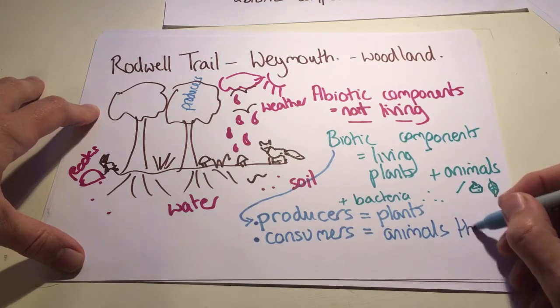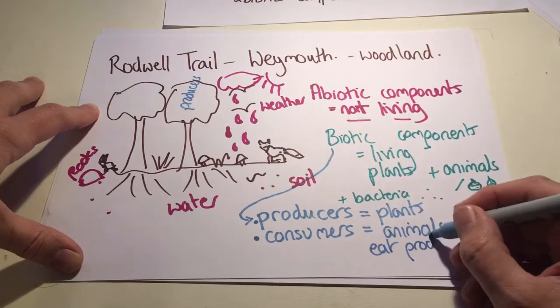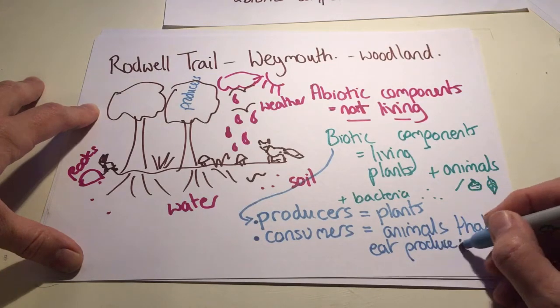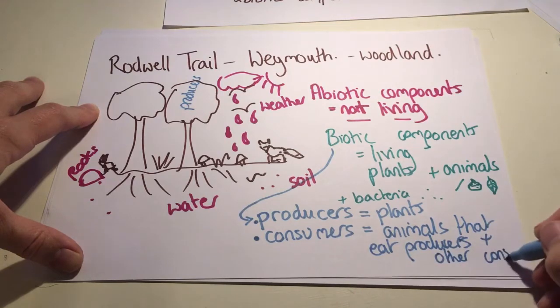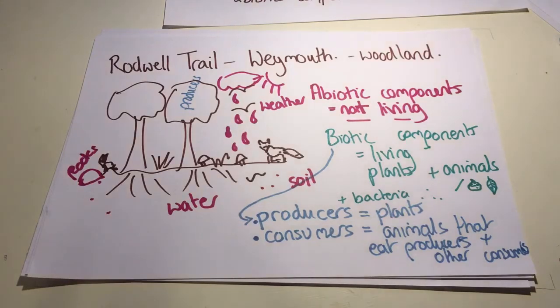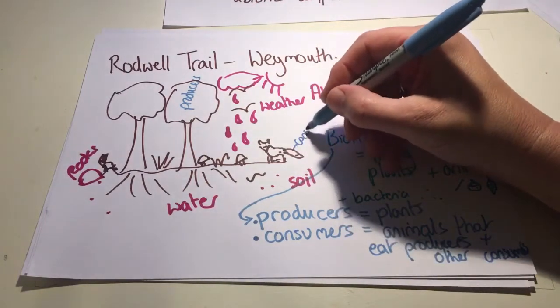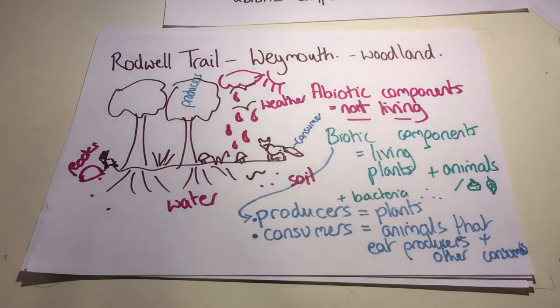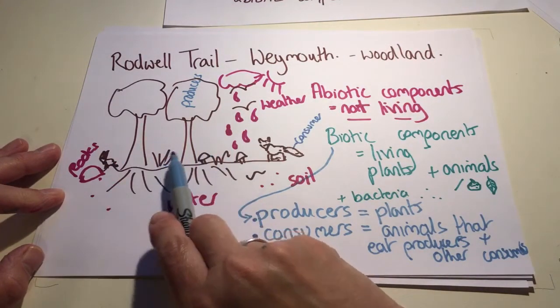Animals that eat producers, and other consumers. Okay, so we've got producers and consumers, absolutely fine. So we've got the plants, and there we go with our fox is a consumer. Our rabbit over here is a consumer, and there's our producer, consumer.